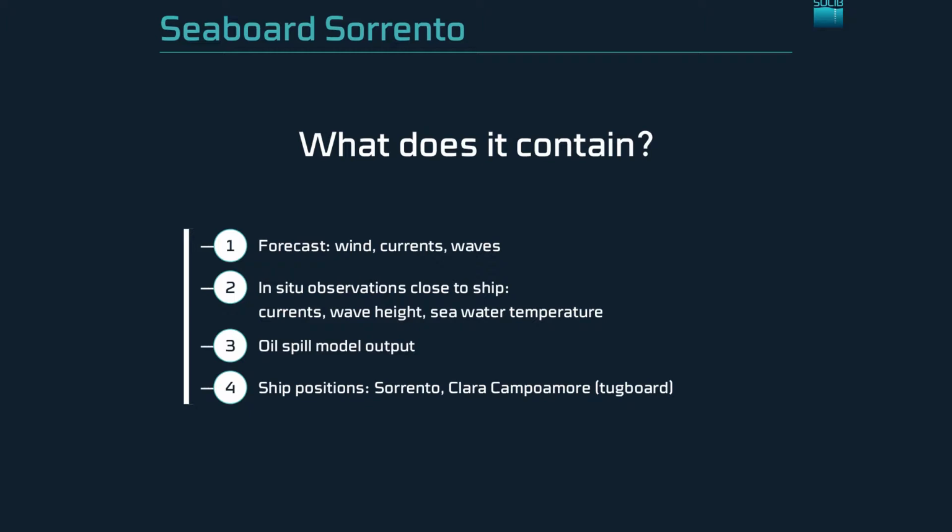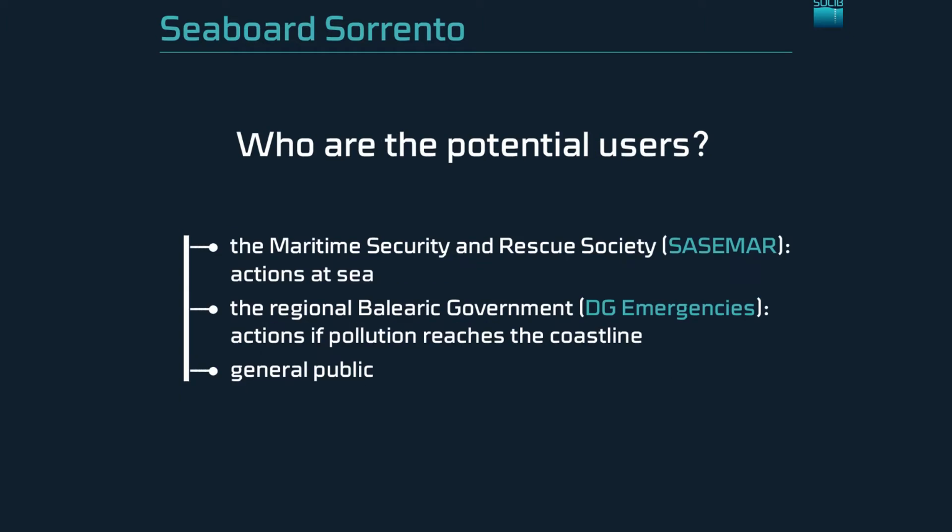In situ observation close to the ship: we were lucky that we had a mooring close to the last known position of the ship before the fire started. The output of the oil spill model, also very important, and the last ship position based on AIS, the automatic identification system. So the potential users were 3.